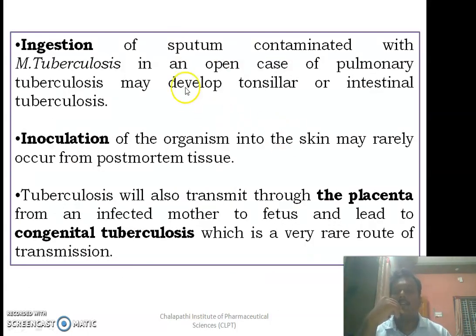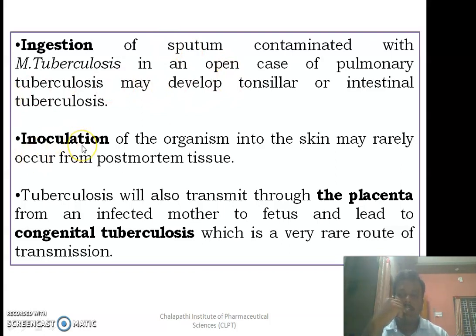Another mode of transmission is ingestion. Whenever an individual suffers from tuberculosis, especially pulmonary tuberculosis, there is a chance that sputum containing Mycobacterium tuberculosis will be ingested by that individual, resulting in entry of the bacterium into the stomach and intestine, and causing intestinal tuberculosis.